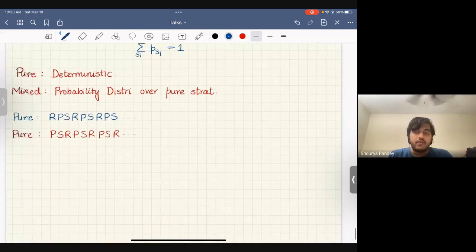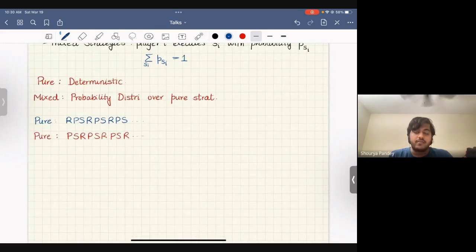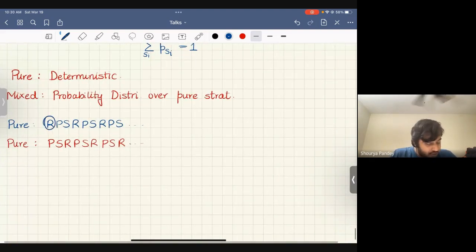Because of the randomness itself. If somehow the first move was random, based on a coin flip, then what would you exactly do, right?